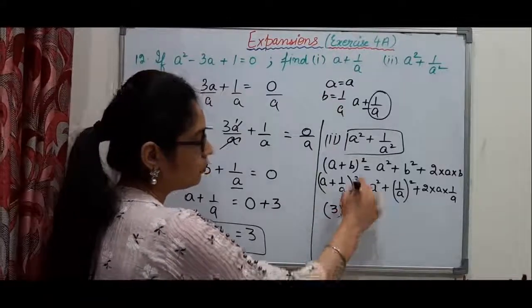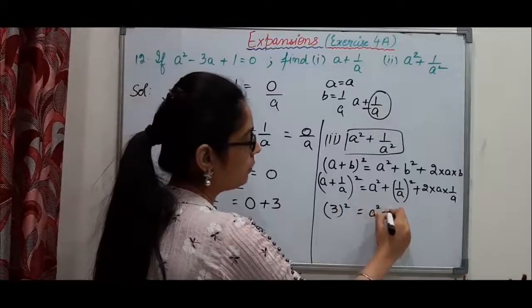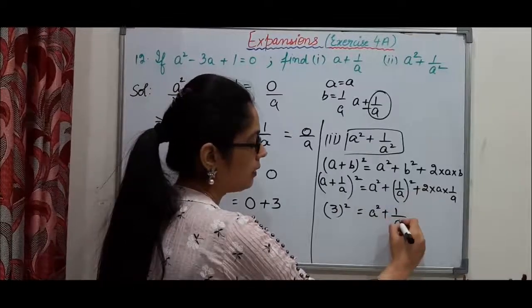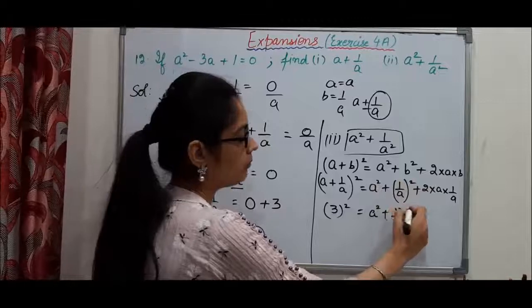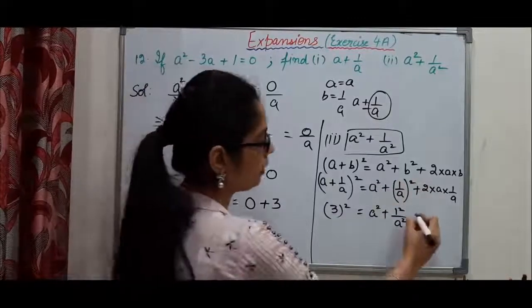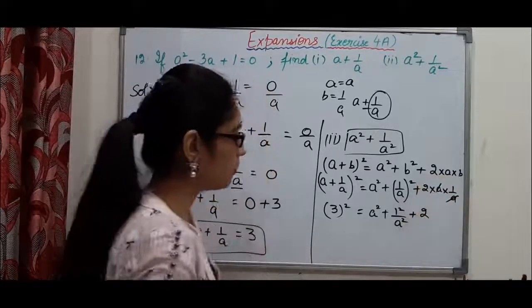So 3, this whole square as it is. We have to write a square plus 1 by a whole square is 1 by a square, because this square is with 1 also and it is with a also. So I can write it as 1 square by a square, plus a and a will get cancelled and 2 into 1 is 2.